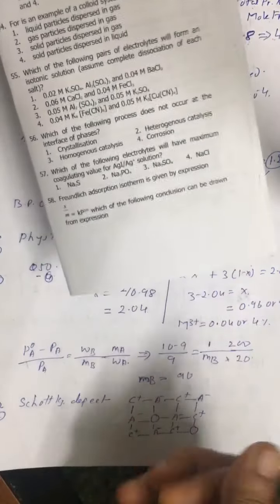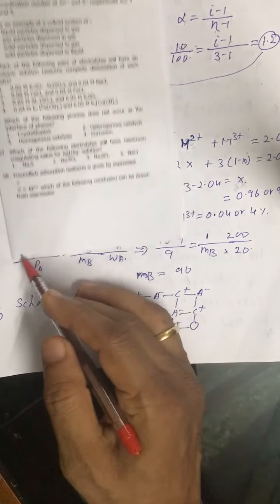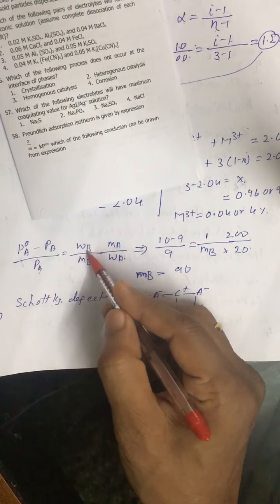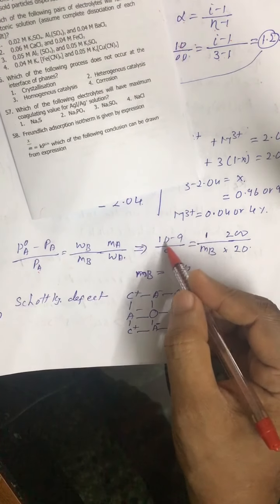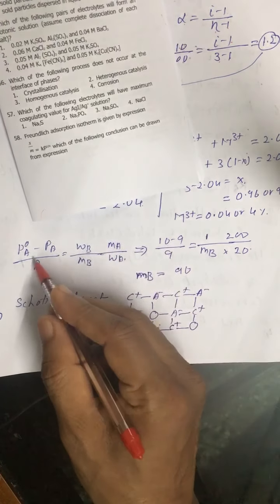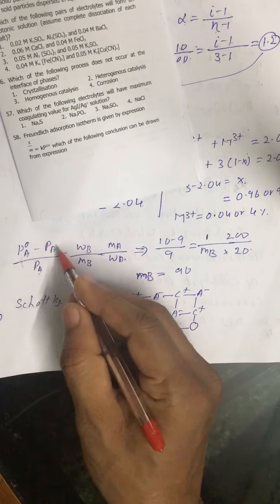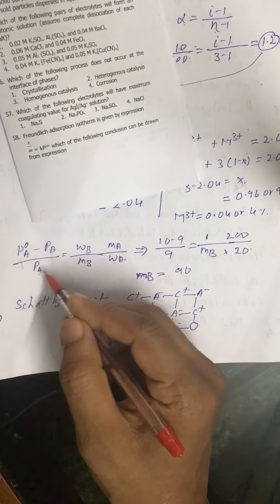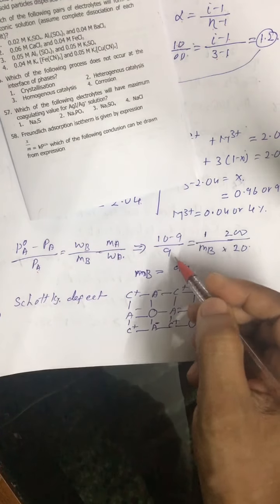Look at question number 51. In this question, P0A minus P upon PA is equal to WB upon MB into MA upon WA. Normally it is P0A minus PA upon P0A, which is called the relative lowering in vapor pressure. I solved this numerical using P0A, but I'm not getting the correct answer.